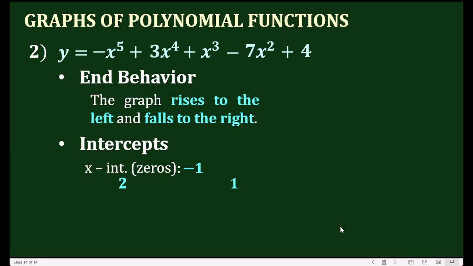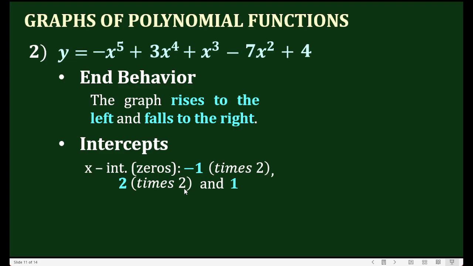And these two zeros are negative 1, which occurred twice or times 2, as well as 2, which also occurred twice. So we have two multiplicities, negative 1, which is times 2, and positive 2, which is times 2.